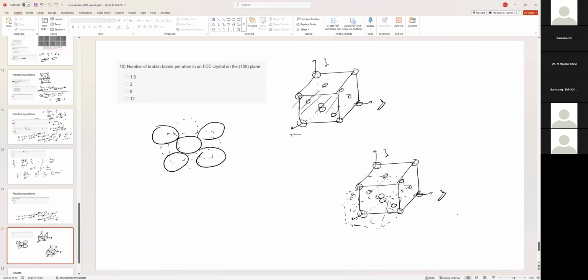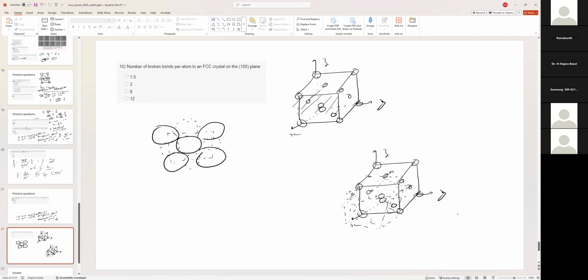Just take the mirror image, the reflection of these four face centered atoms about this plane we cut. So these four atoms are missing, as we have cut the crystal along this 100 plane.